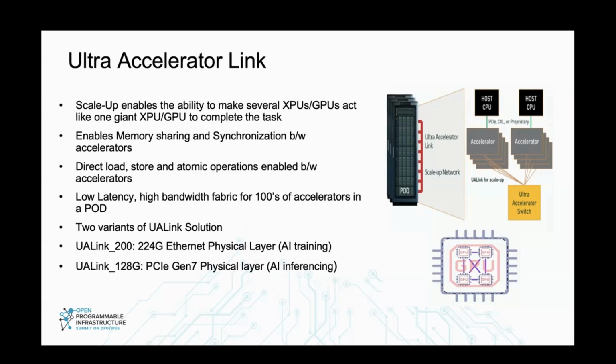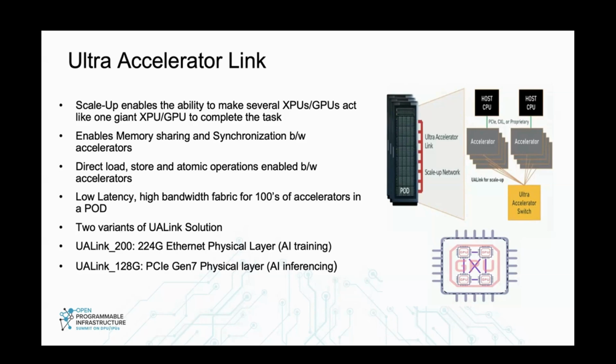They decided, why use a different protocol? Let me repurpose the existing Ethernet and leverage it for scale-up, right? They have their own ecosystem with the Tomahawk switches to enable scale-up using Ethernet. And the third one, an open standard, is Ultra Accelerator Link.